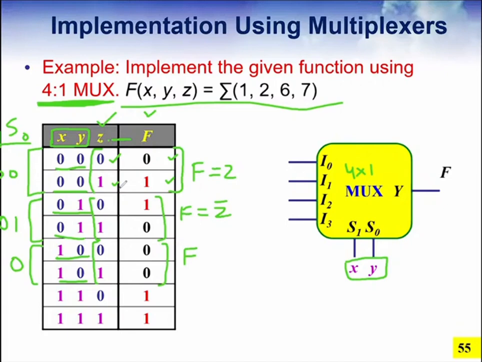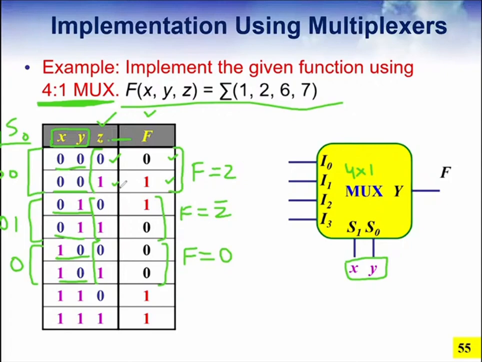If the value of X and Y is 1, 0, what is happening? F is 0 for both possibilities. Whether Z is 0 or Z is 1, F is 0 all the time.